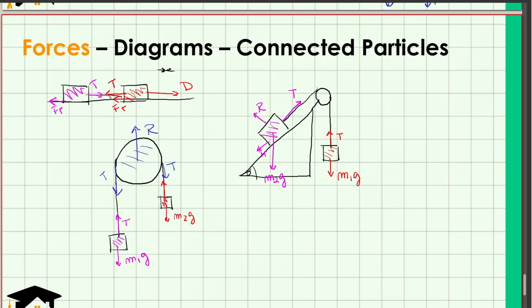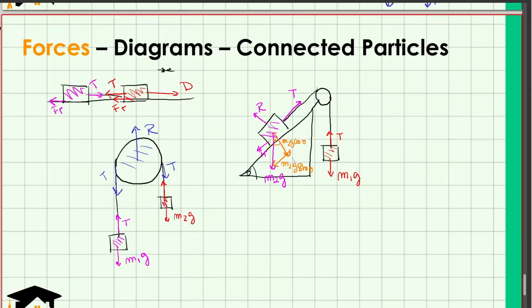And we can decompose the weight into two forces, like we did before. So now this angle will be theta, and that means that this force is m2g cosine of theta, and this other force is m2g sine of theta.